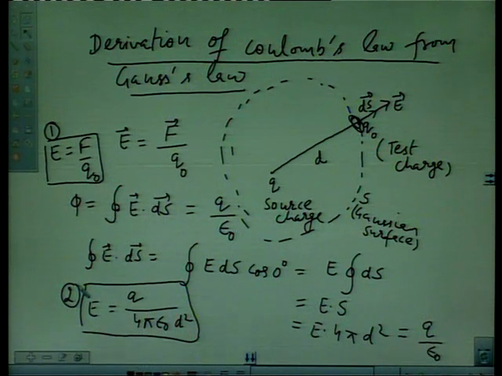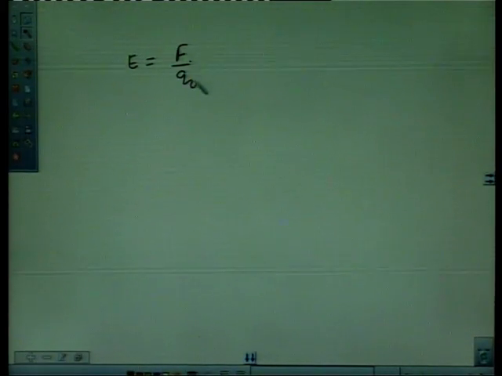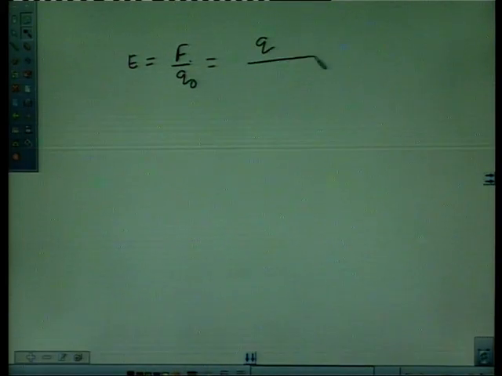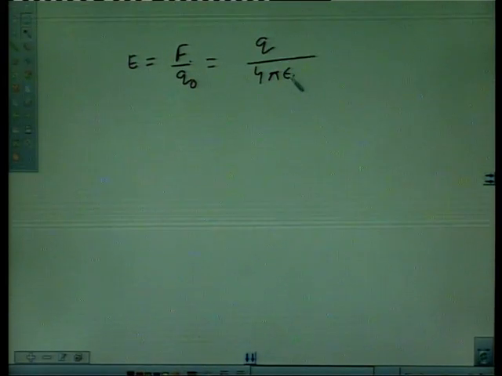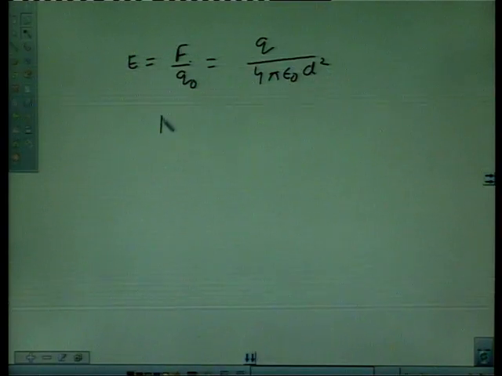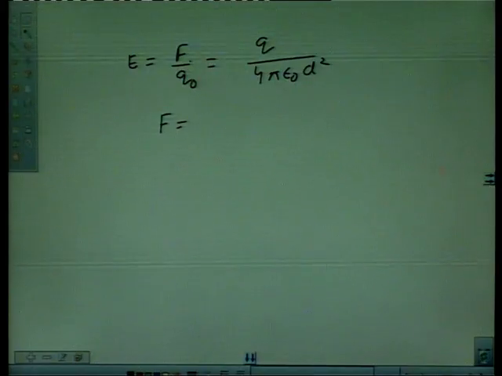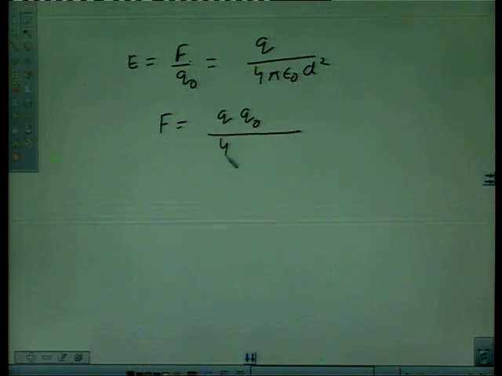When we equate these two expressions, we have the expression for the electrostatic force F between two charges q and q naught, which is equal to q into q naught divided by 4 pi epsilon naught d square.